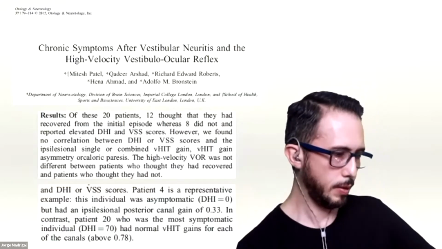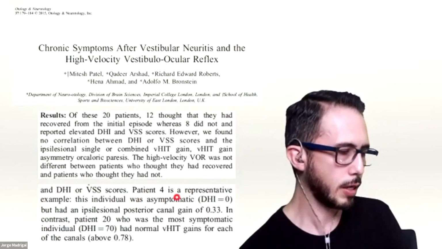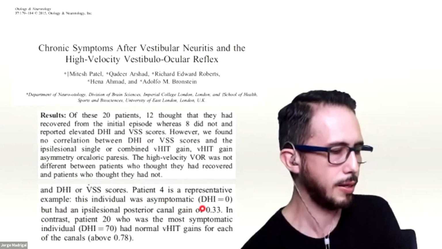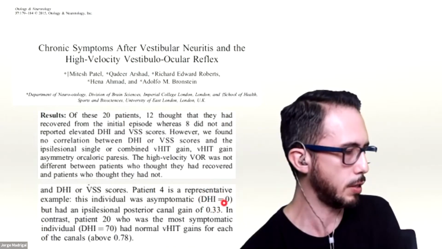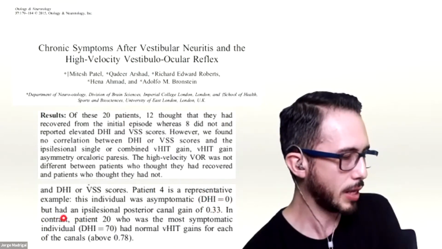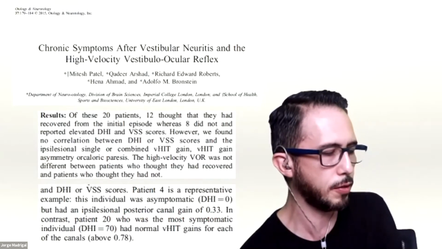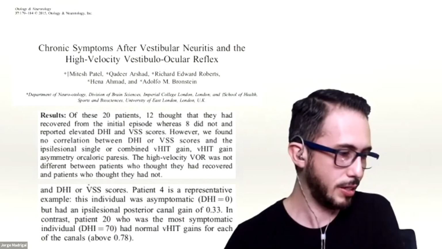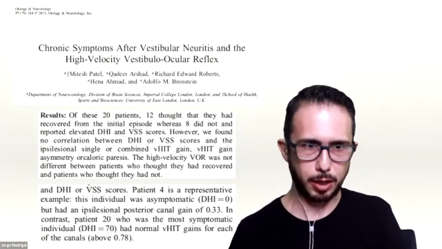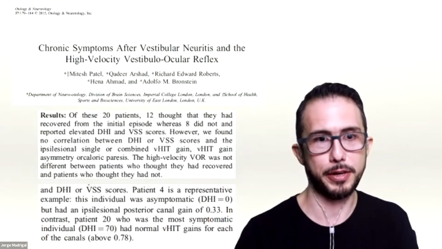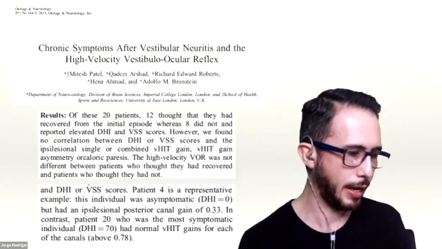And look at this. This patient 4 is a representative example. This individual was asymptomatic with a dizziness handicap inventory of 0, but had an ipsilesional posterior canal gain of 0.33. That means this patient had no symptoms, but he had a 0.33 gain in the posterior canal.